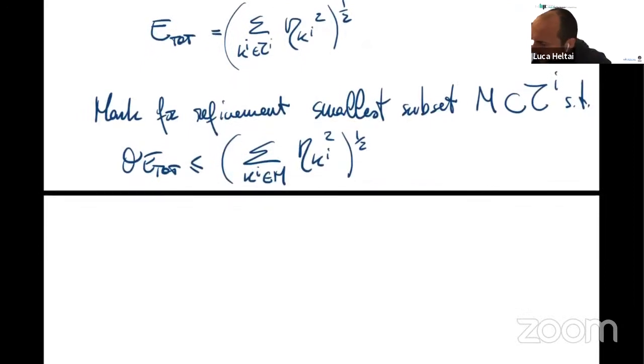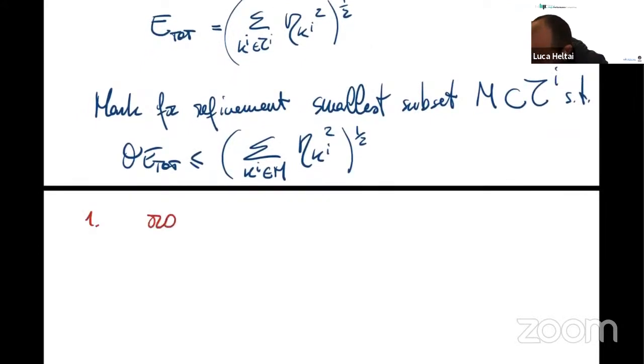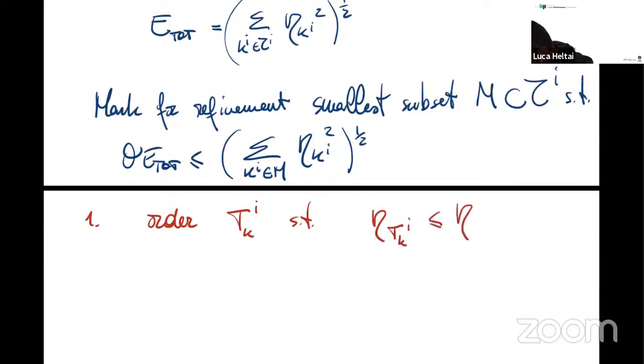So the steps for the algorithm are the following. One, order the T k such that the eta of T k is smaller or equal than eta of T j if j is greater, equal, or smaller equal.